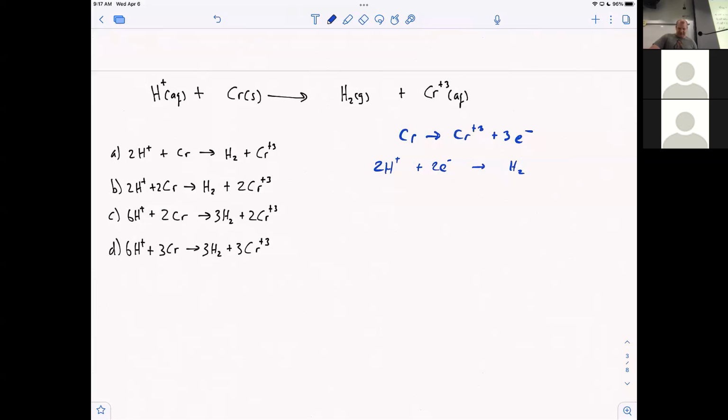Those are the half reactions. This one isn't as obvious with the hydrogen. That's a hard part here. That's why I gave you the half reactions.